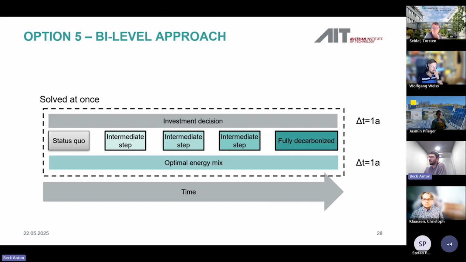And then finally, there's one more approach we have employed, where we used a bi-level approach. There was a genetic algorithm, so some metaheuristic used to identify the optimal mix of technologies for the site. And on the second level, there was a linear optimization model that identified the energy mix.